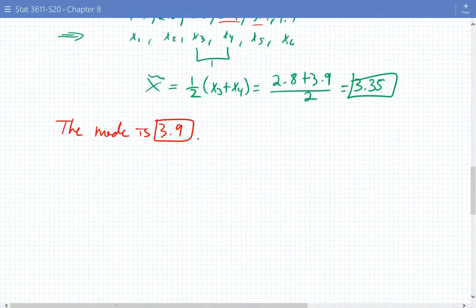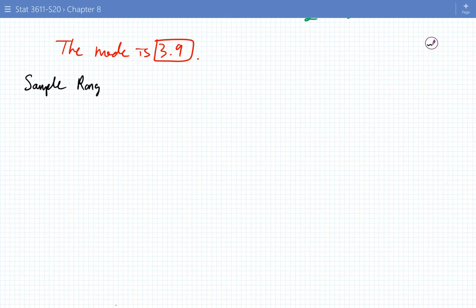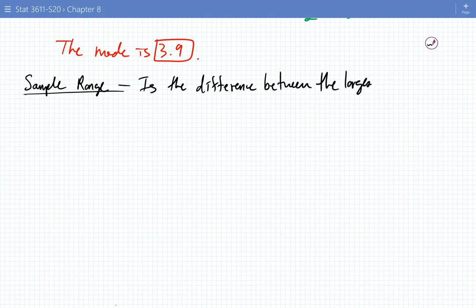Let's talk about some variability measures on samples. Let's start out with the sample range, one of the simplest measures of variability. The sample range is just the difference between the largest and smallest values in the sample.